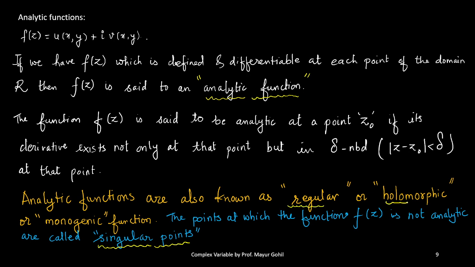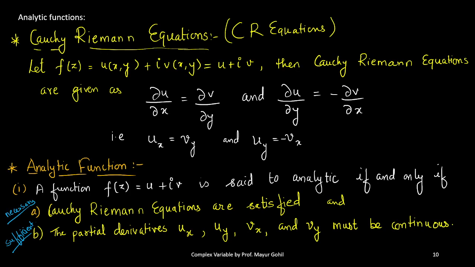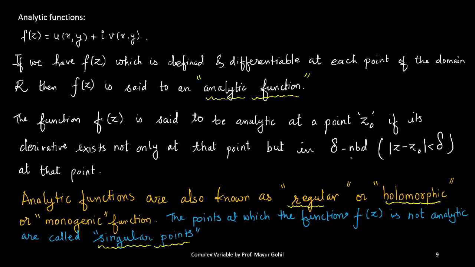So these are the important parts regarding analytic function and the Cauchy Riemann equation. What we have learned is the main definition of analytic function along with its names: regular, holomorphic function, monogenic. It's not very popularly used, but you can keep it handy. Another thing is that we also got to know what singular points are.